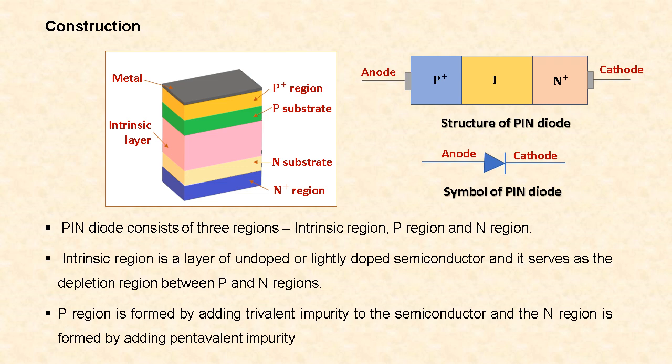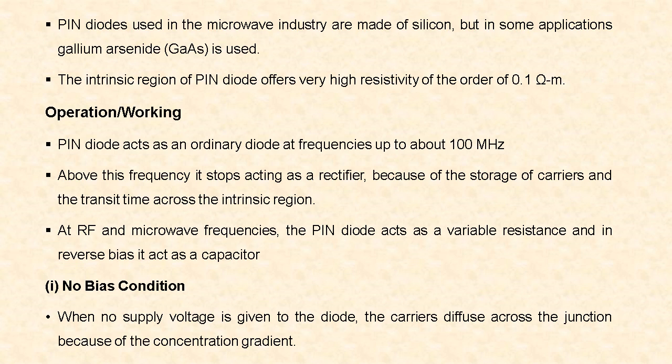These regions are heavily doped. Mostly the PIN diodes are made of silicon, but in some applications gallium arsenide PIN diodes are also used. The intrinsic region of PIN diode offers very high resistivity of the order of 0.1 ohm meter.